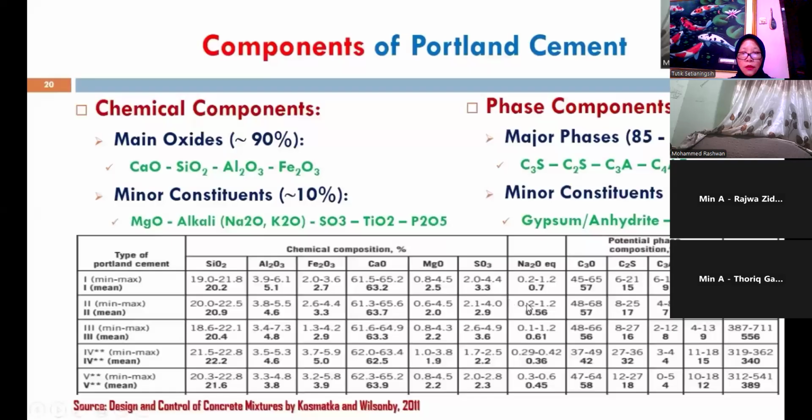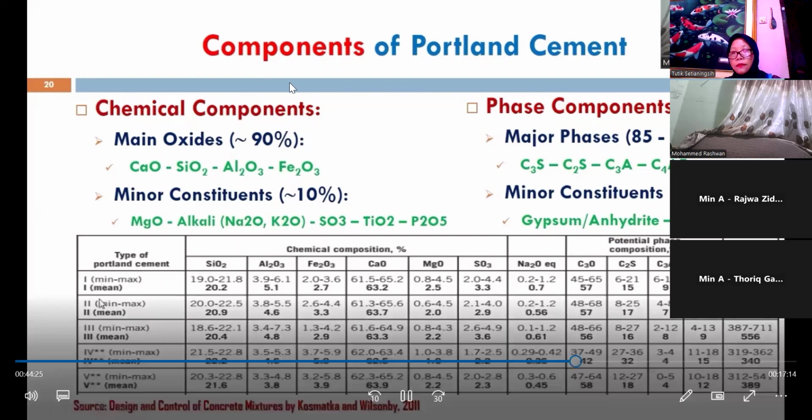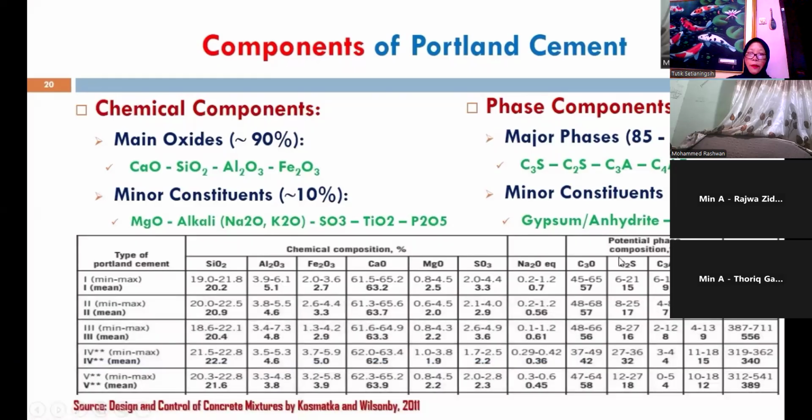And this table shows the average composition of different types of Portland cement, types I, II, III, IV, and V: silicon, aluminum, iron, calcium, magnesium, sulfur, in addition to the potential phase composition of C3S, C2S, C3A, and C4AF, with the range, the minimum and maximum, and the average values.